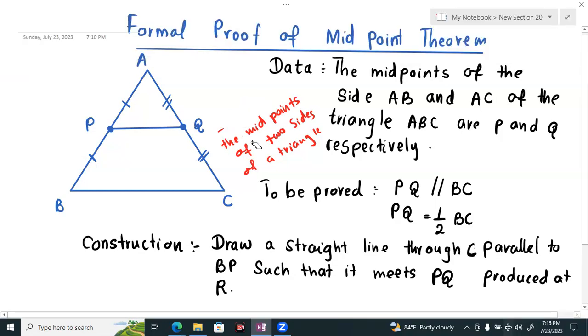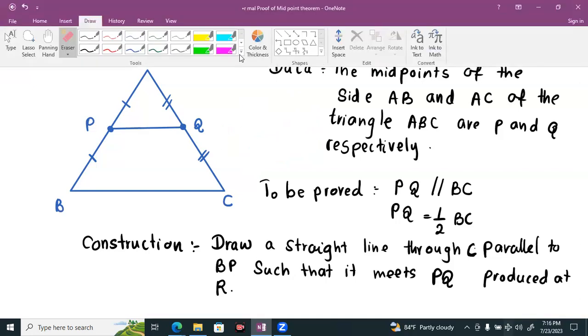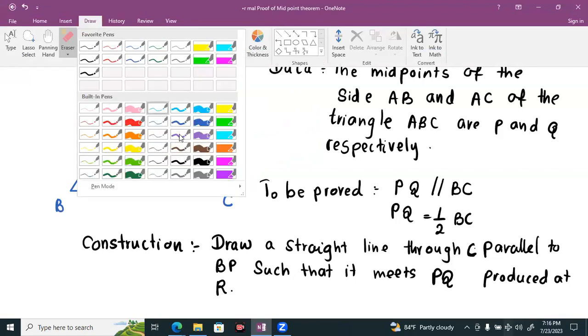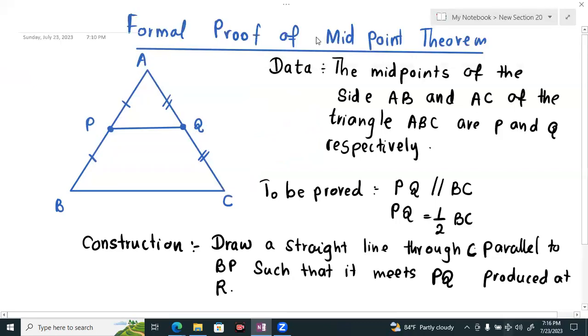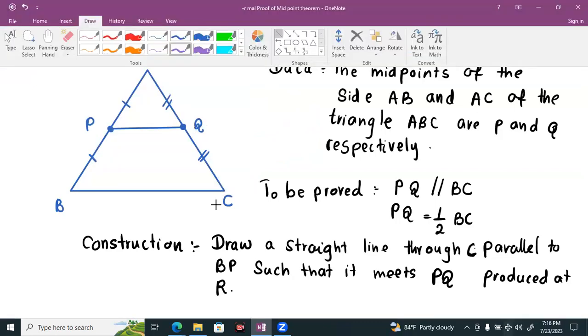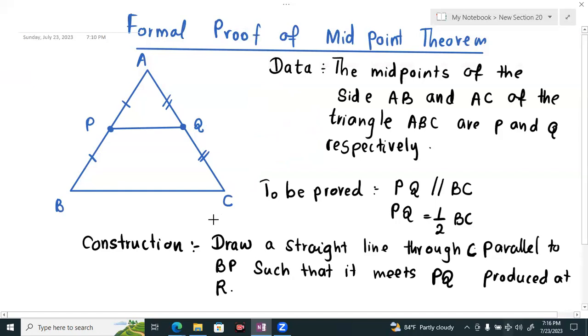Alright, let's do the construction. In this diagram, I did not do the construction at first. Now I am doing the construction. I will use a different color to show the construction. You are asked to draw a straight line through C, parallel to BP.